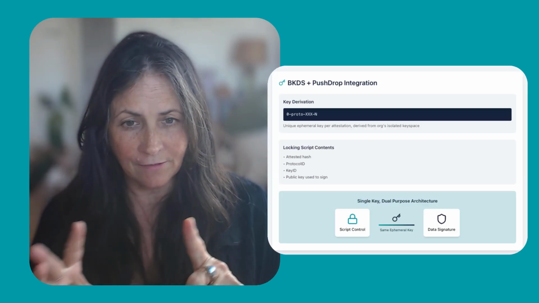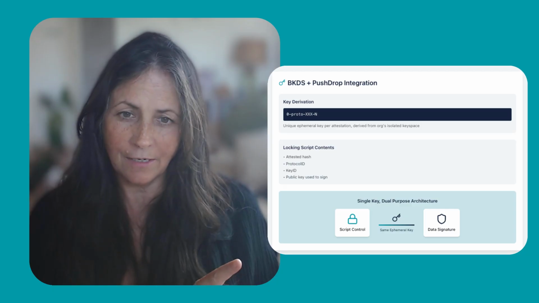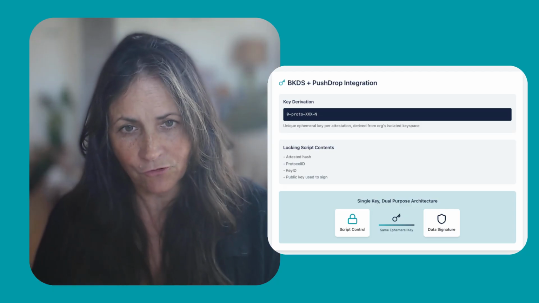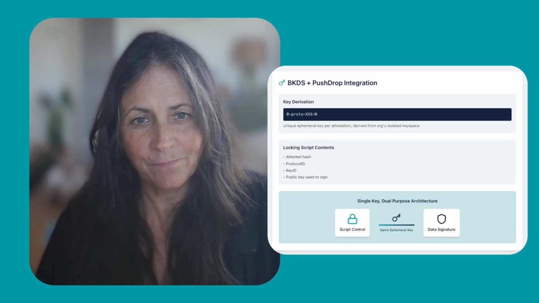So this quick video is talking about some of the differences between writing in an OP_RETURN and how the push drop operates. Push drop is a technique that you can use to write data to the chain.